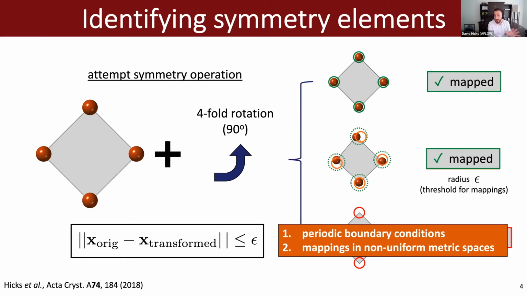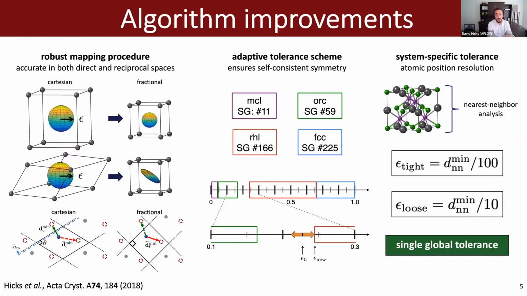There are a lot of details that go into this, and I'm just going to briefly highlight that AFLOW-SYM takes a lot of these considerations into account in the determination of the symmetry. AFLOW-SYM performs a robust mapping procedure, so we're consistent in both direct and reciprocal spaces. We also have an adaptive tolerance scheme. As a user, you may be wondering what tolerance epsilon-SYM you should use?